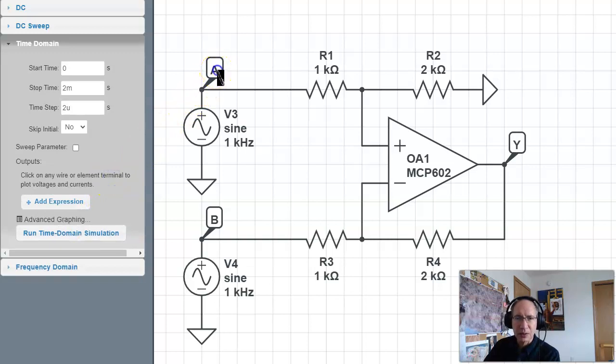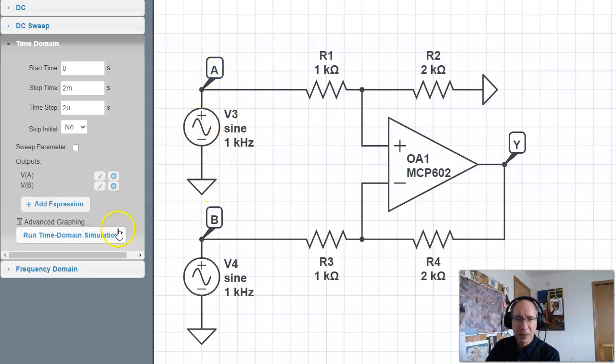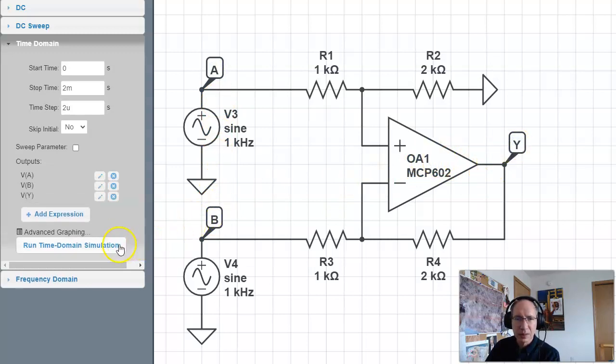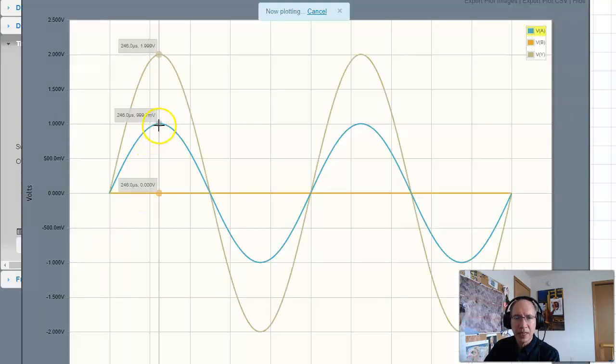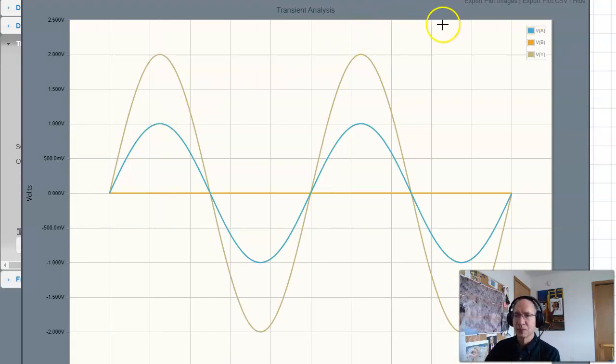And let's also look at A and B. Okay. And so here's A, there's Y. Y is +2 times A. Okay, now let's look at B.